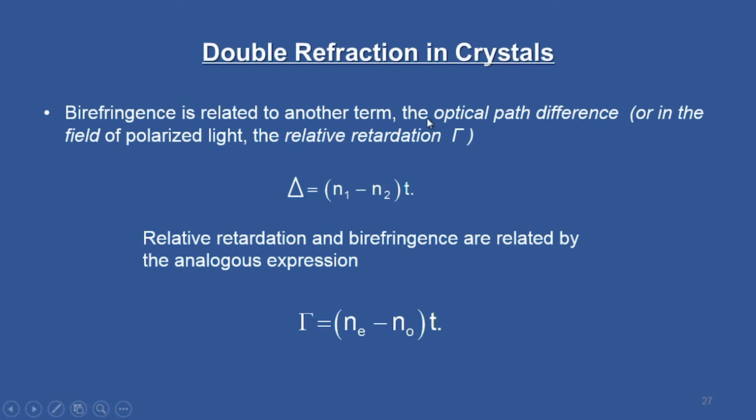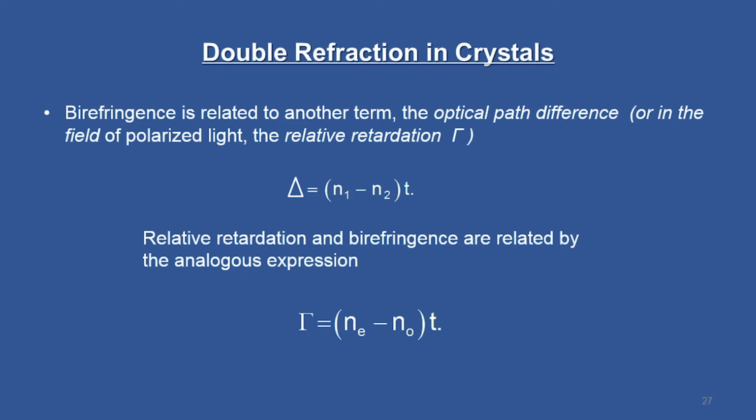Birefringence is related to another term, the optical path difference, or in the field of polarized light, the relative retardation. So, optical path difference and relative retardation are similar terms, but relative retardation is used in the polarized light scheme.